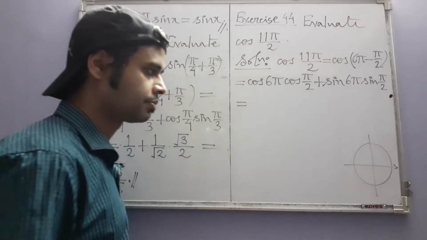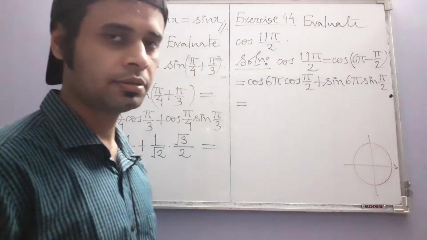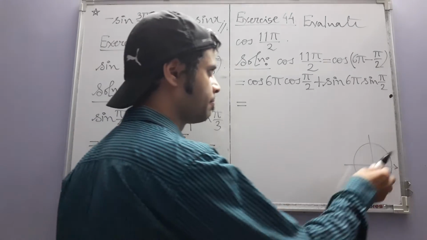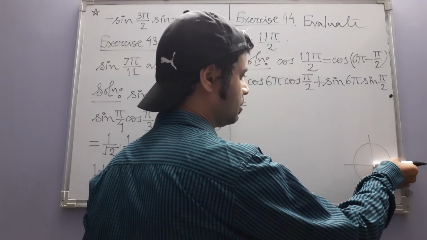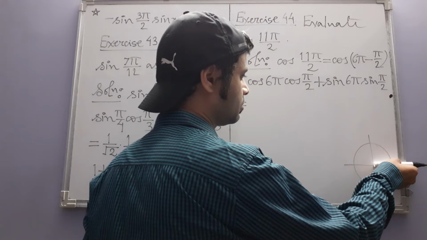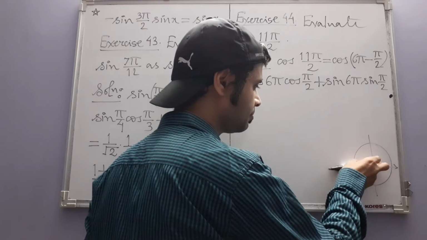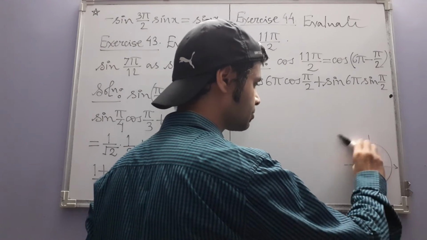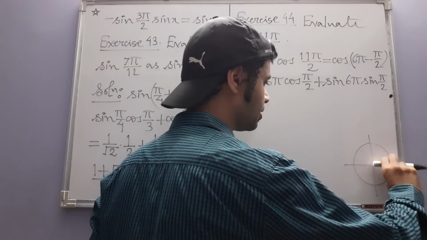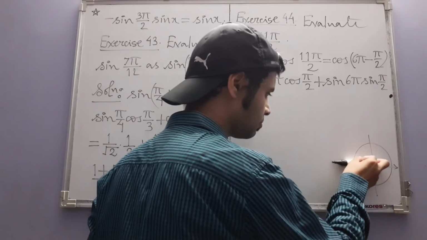Again, your initial ray, so you have to now see what the angle 6 pi is. 1 pi, 2 pi, 3 pi, 4 pi, 5 pi, 6 pi.